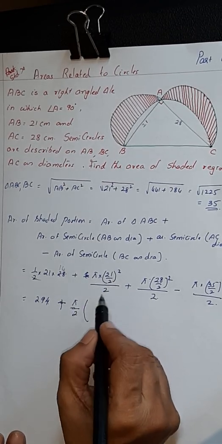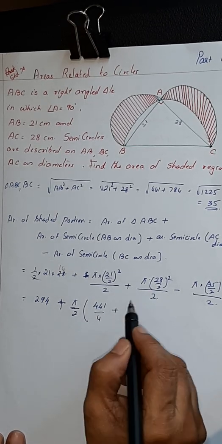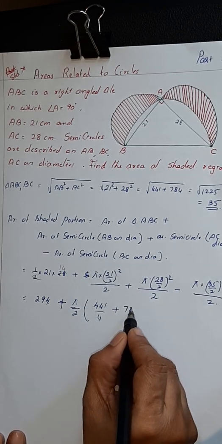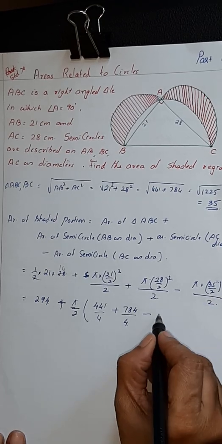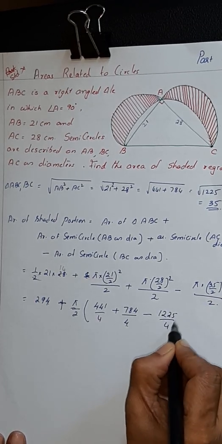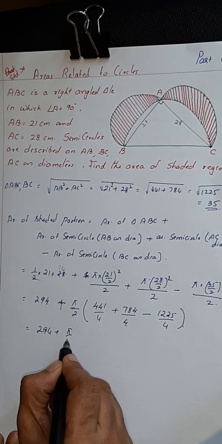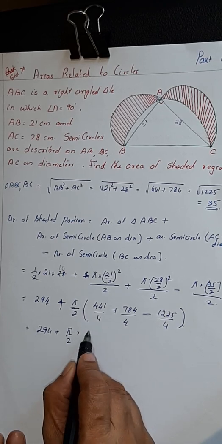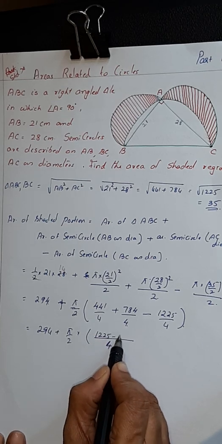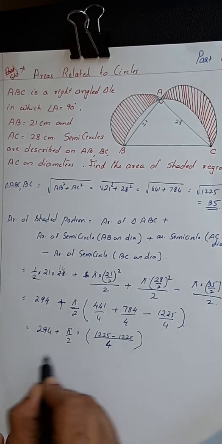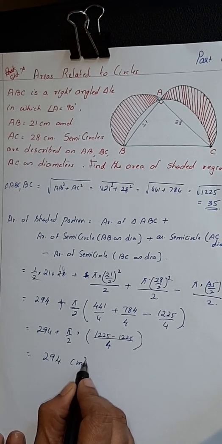Then I'll get 441 by 4 plus 28 squared, which is 784 by 4, minus 35 squared, which is 1225 by 4. So you take the LCM, adding everything you will get 1225 minus 1225. So the answer is 0. So your answer is 294 centimeter squared.